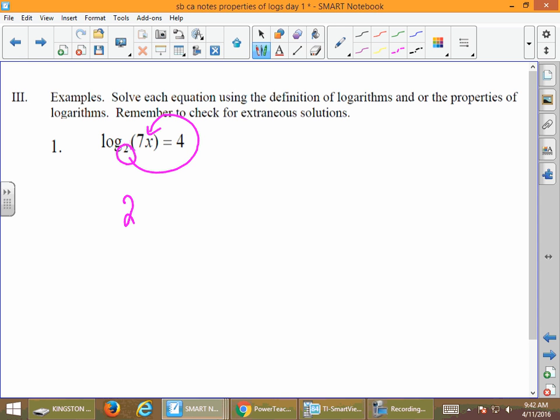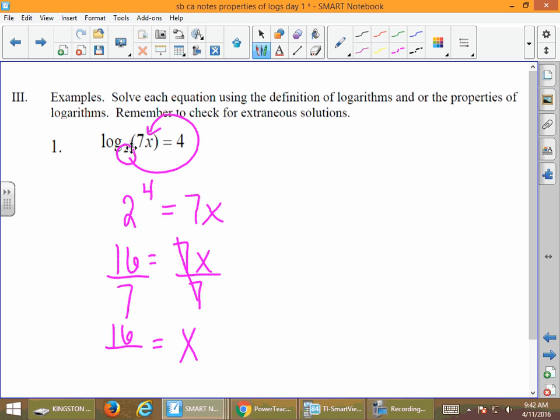So this is 2 to the 4 equals 7x. We would like to figure out what x equals. Well, 2 to the 4th is 16, equals 7x. So then we divide both sides by 7, and that would get us something around 2. I'm going to leave it as 16 sevenths, or 2 and 2 sevenths if you prefer a mixed number.